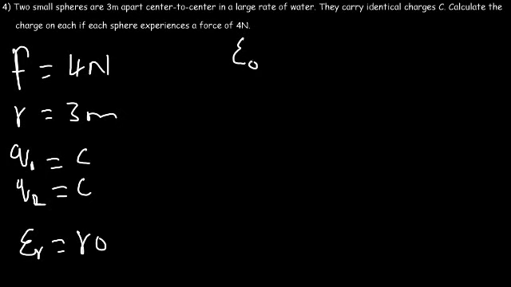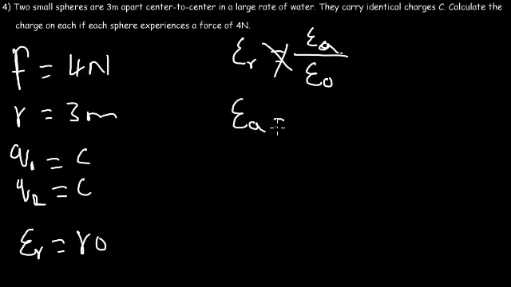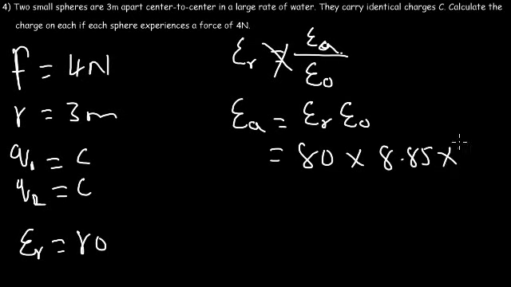The formula for relative permittivity is that it is equal to absolute permittivity divided by the permittivity of free space. So if I cross multiply, I will have the absolute permittivity of water equal to the relative permittivity of water, multiplied by the permittivity of free space. The relative permittivity of water is 80, multiplied by the permittivity of free space, 8.85 times 10 to the power of negative 12.